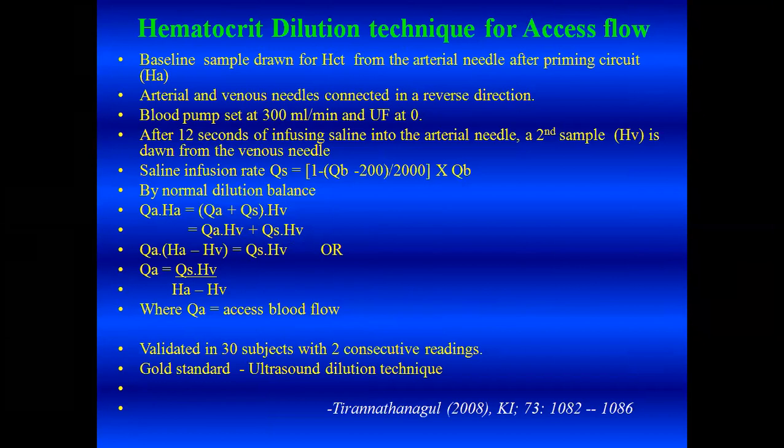The blood flow in the fistula has been diluted by the saline being infused by the machine's blood pump. If we know the machine blood pump speed, and we know how much the hematocrit has been diluted by infusion of saline, then we can calculate the excess blood flow.